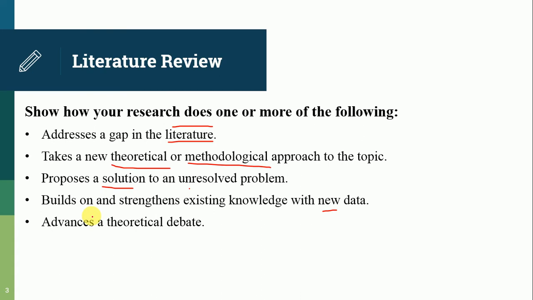In simple words, explain in the literature review how you are going to strengthen the existing knowledge with new data. New data means your data. The fifth point: it advances the theoretical debate. So, the theoretical debate which is available on the research, how do you advance that? How do you improve that?